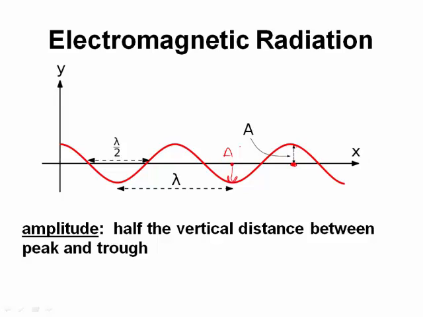But we're looking basically at the height of the wave, and that height of the wave also looks at the intensity, so how bright that is. The taller the amplitude, the brighter that particular radiation is going to seem to us.